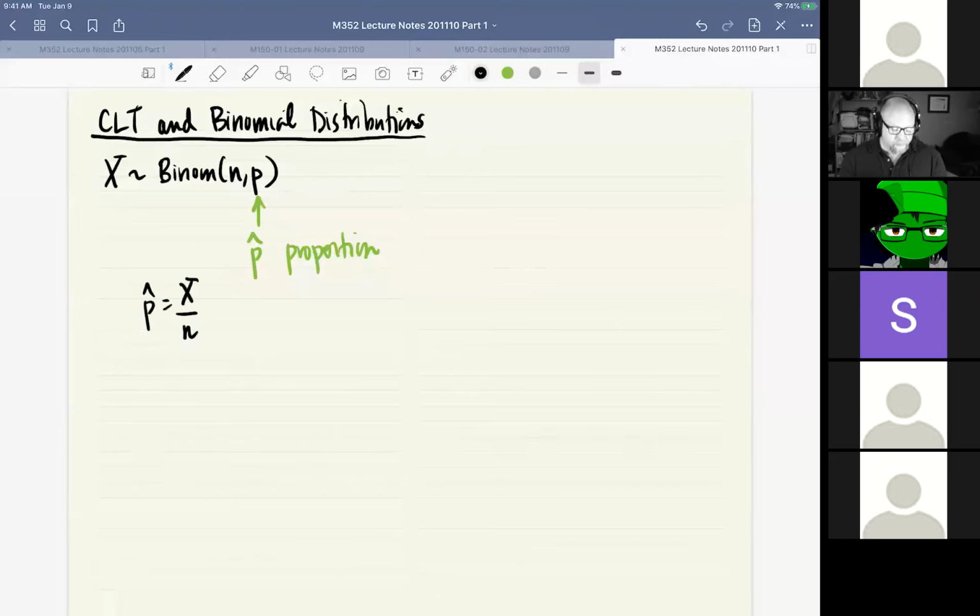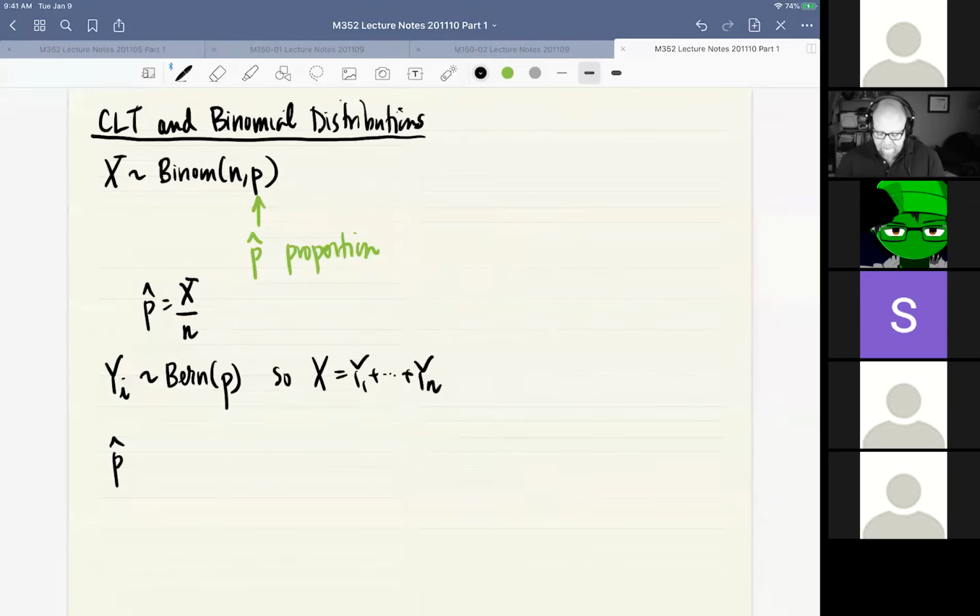So a binomial model is a repetition of n Bernoulli trials. If I say Yi is a Bernoulli trial with probability p, then X is a repetition of n of those trials, and we can conclude that my estimator here is really just a mean.